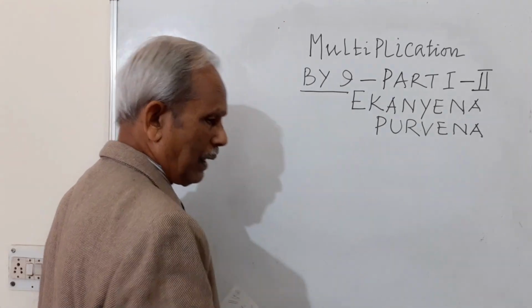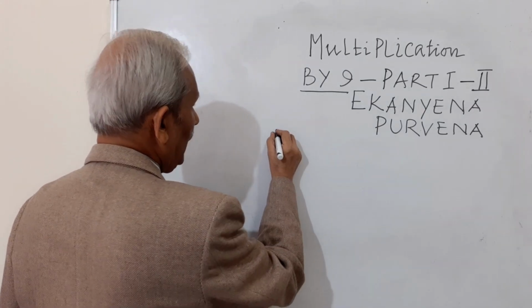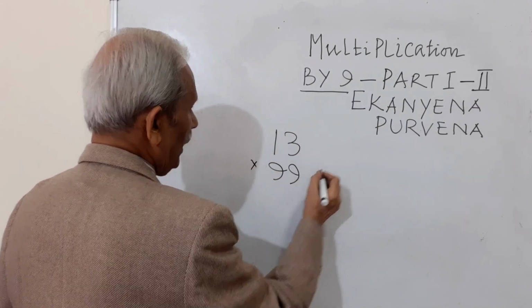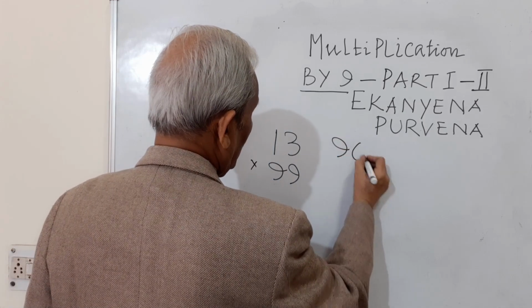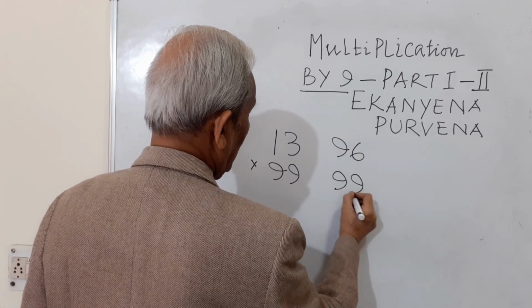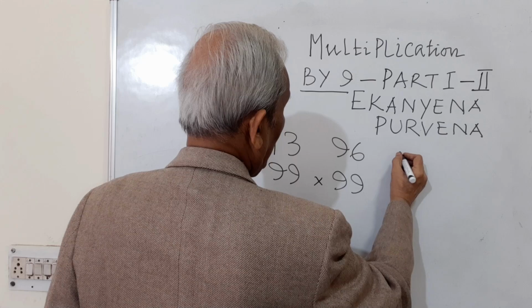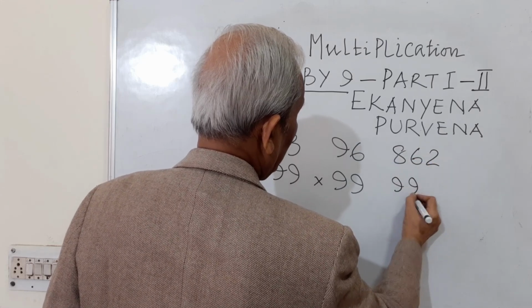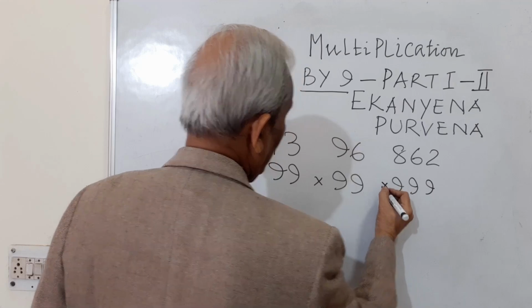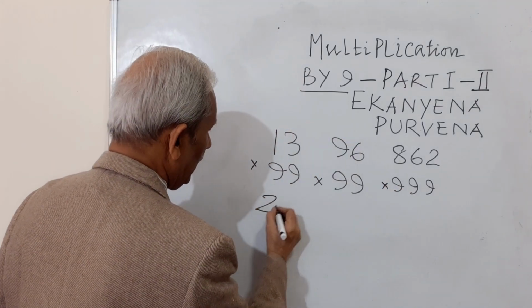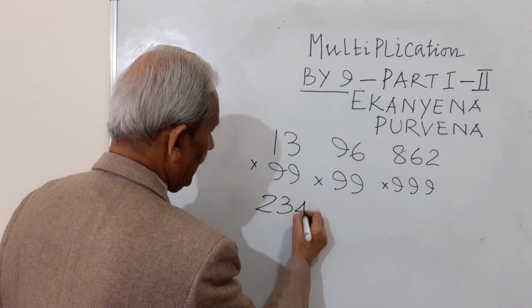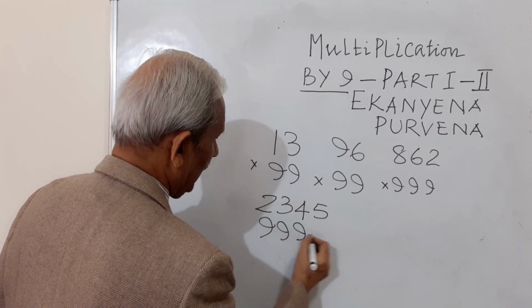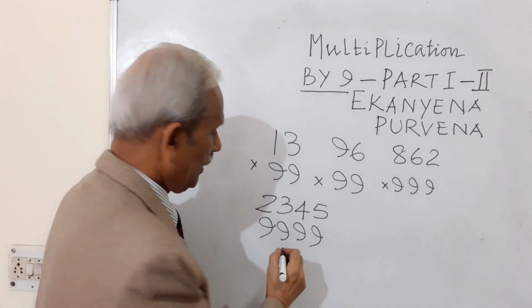Now I'll give you the exercises here. 13 into 99, 96 into 99, 862 into 999, 2345 into 9999.